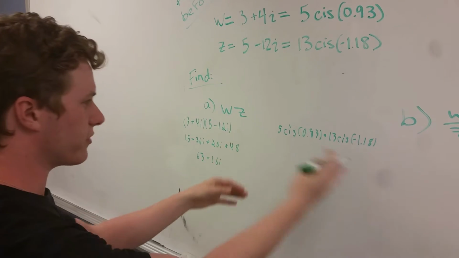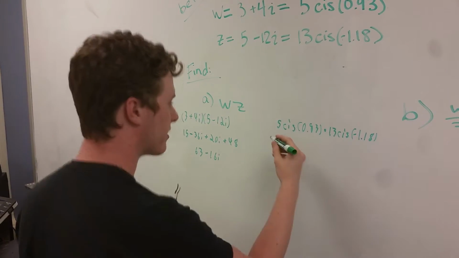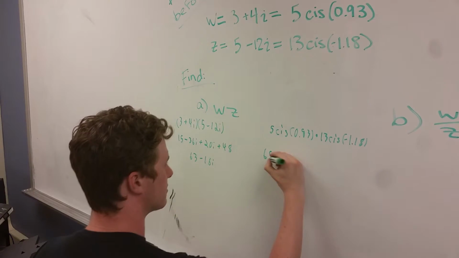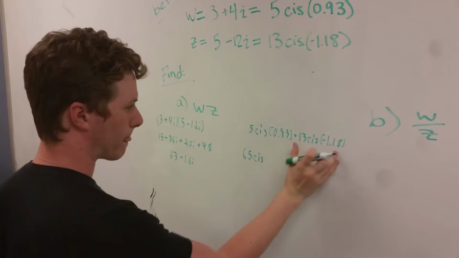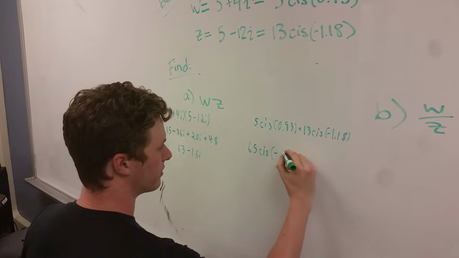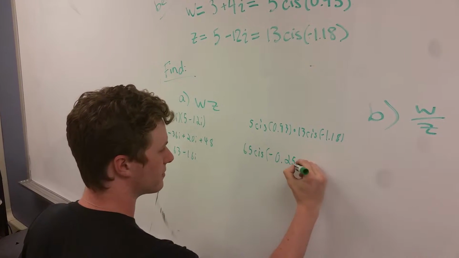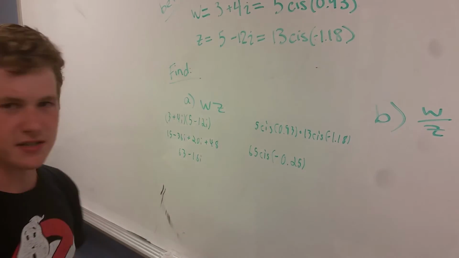So for the modulus, 13 times 5, which is just 65, that is the new modulus. And cis, you add these two together, adding and subtracting, that gets you to negative 0.25 as the argument, and it's as simple as that.